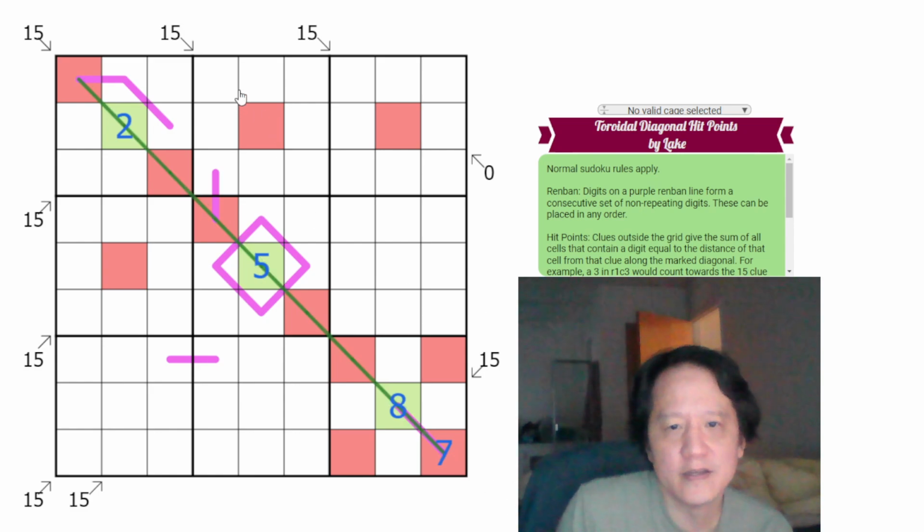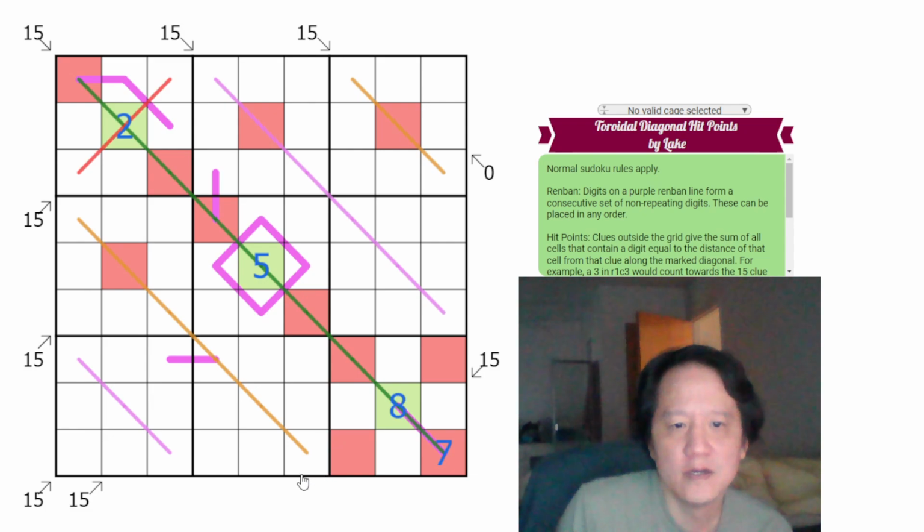And then, yeah, maybe this is easier. This is probably easier to see too. What's going on? Yellow, let's do that one.